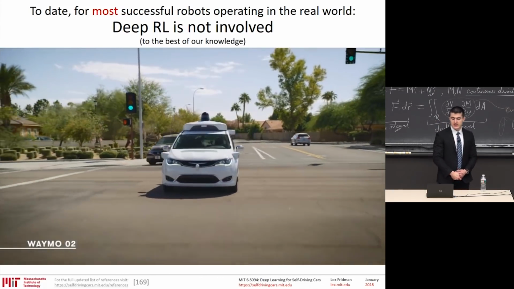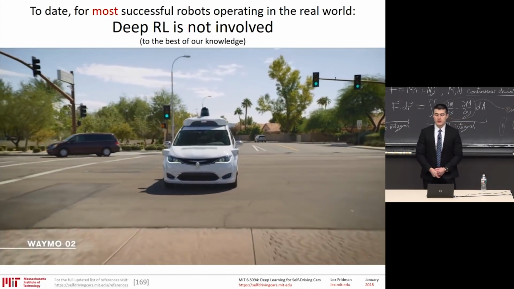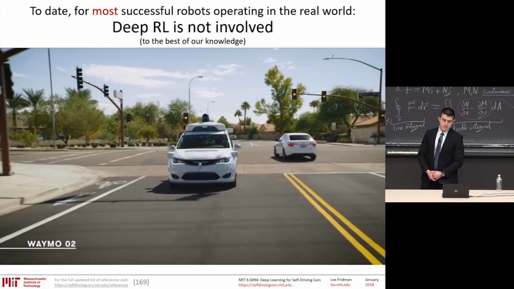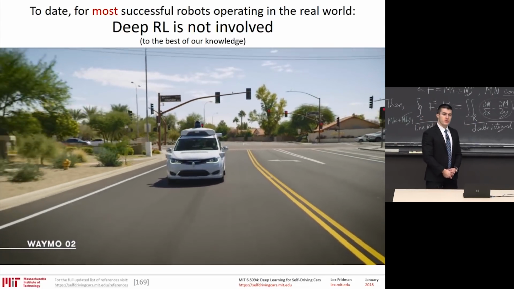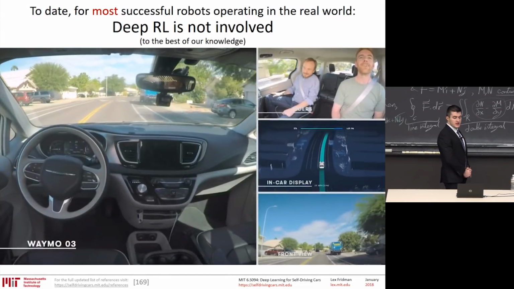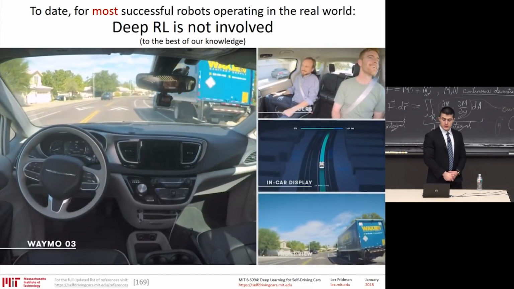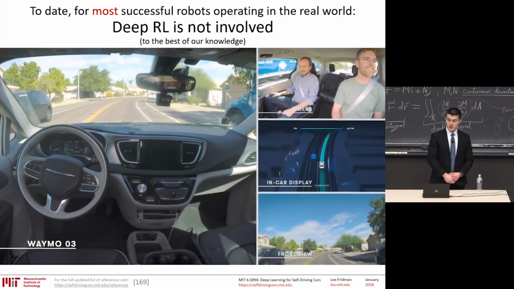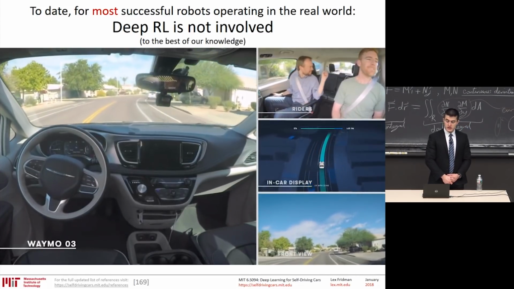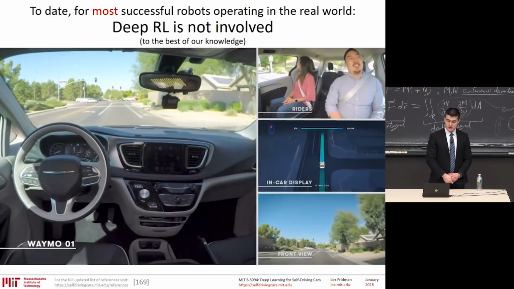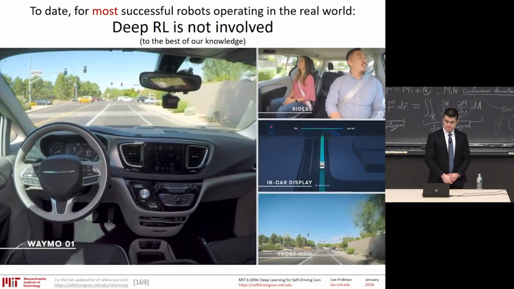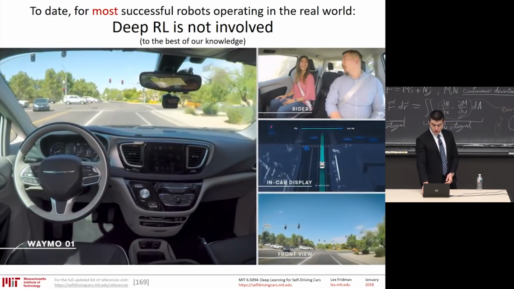And certainly the same is true with Waymo, as the speaker on Friday will talk about. Deep learning is used a little bit in perception on top, but most of the work is done from the sensors and the optimization-based, model-based approaches: trajectory generation, and optimizing which trajectory is best to avoid collisions. DeepRL is not involved.